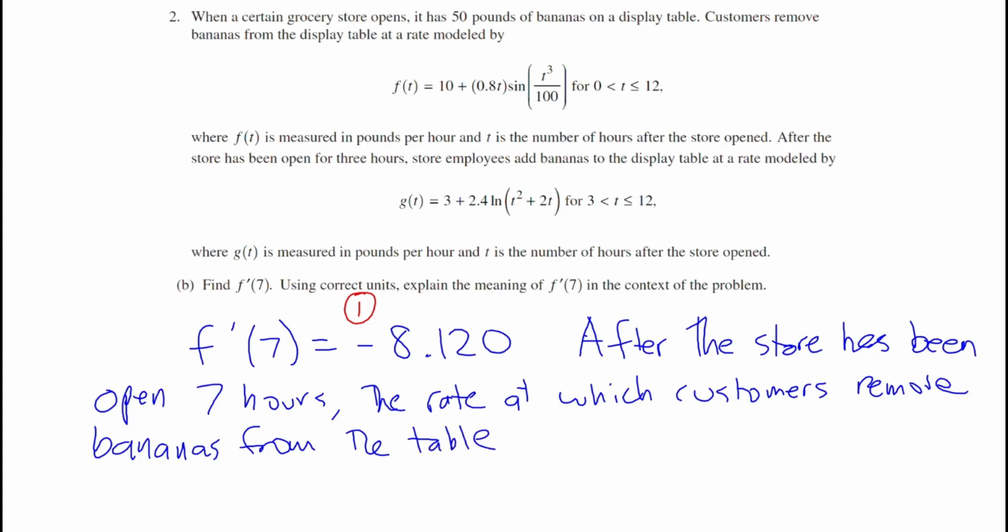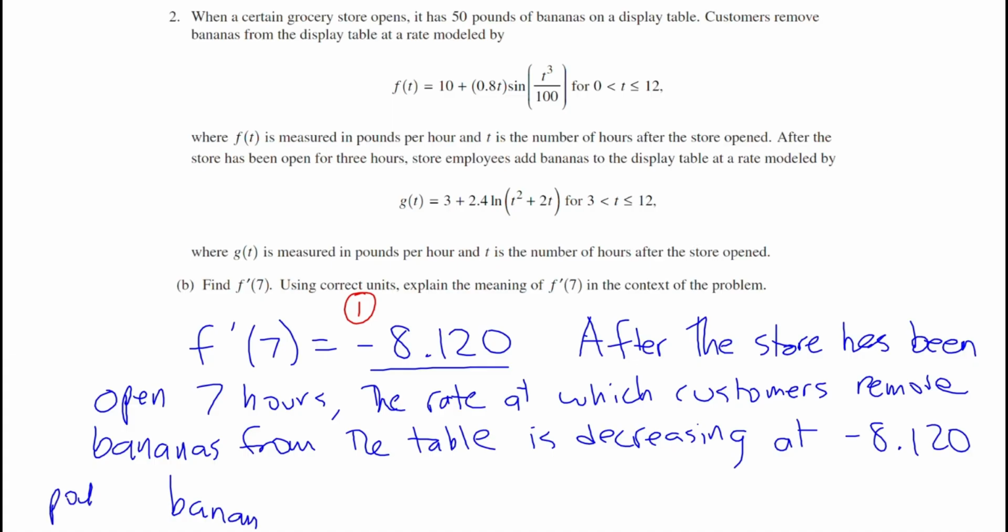And since our rate is negative 8.120, we're going to say that rate is decreasing. Okay. And the rate is f, and its derivative was negative, so that rate is decreasing at negative 8.120, and make sure we put our units, which are bananas.